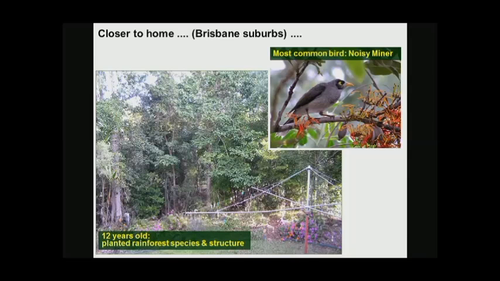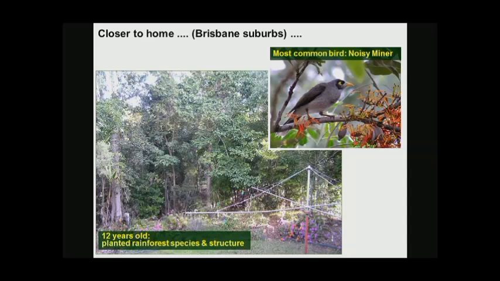I have replanted with a beautiful rainforest. I have very carefully replanted with native rainforest, local species, and it's doing pretty well. I've also kept lists of the birds in my garden, and the diversity of birds in my garden has declined. This is the species which is most common, the noisy miner. So this is my own personal dilemma.